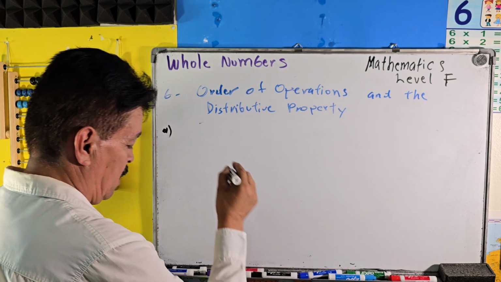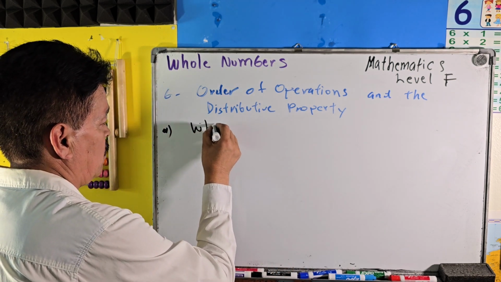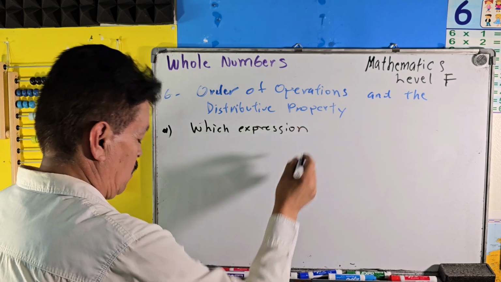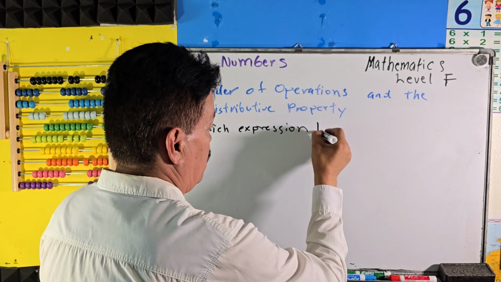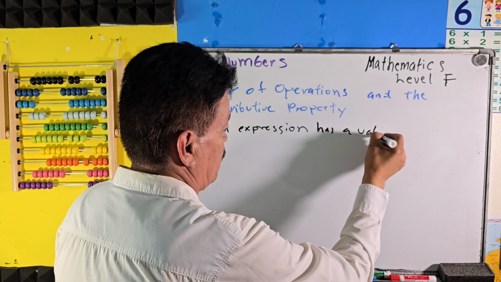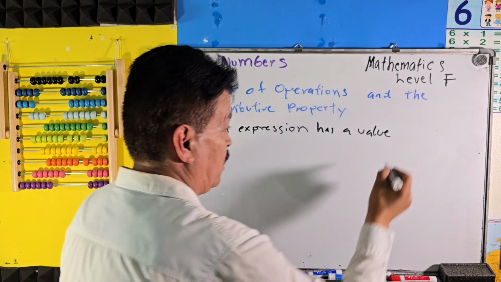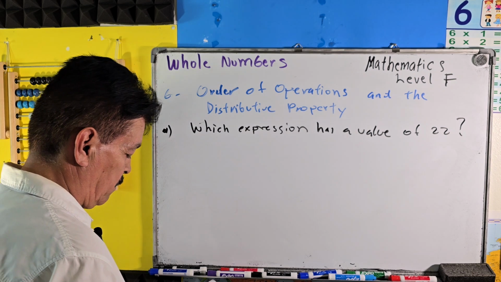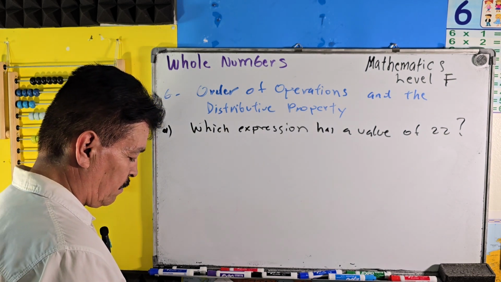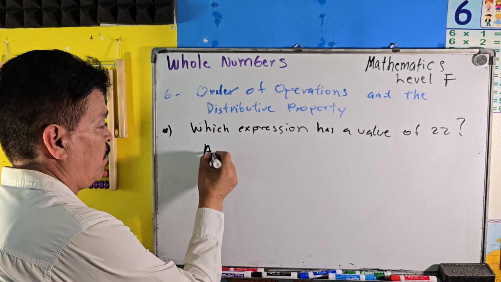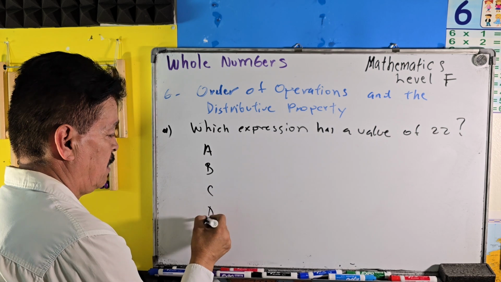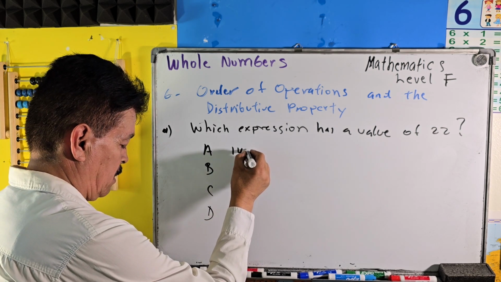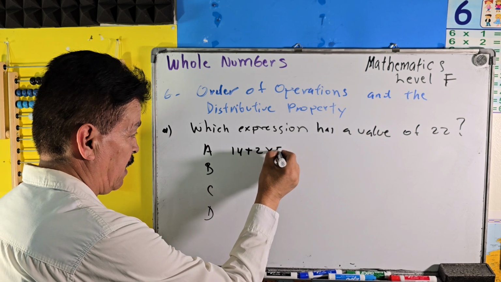Just let me write one question here. Which expression has a value of 22? Okay, of 22. So we have 4 possible answers. The first one we have 14 plus 2 times 5.